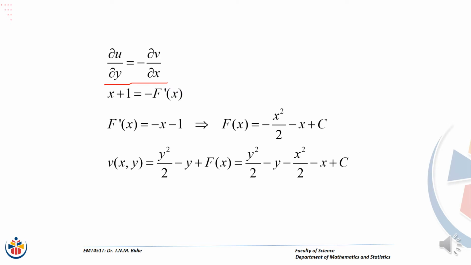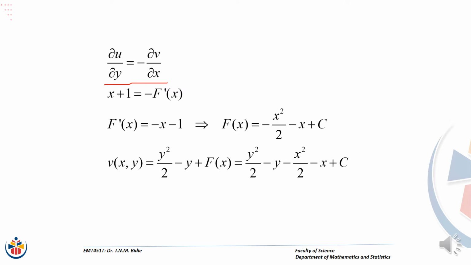Please check with me whether the answer is x plus 1. And the derivative of v with respect to x only has the function f of x that can be differentiated. So hence we have the negative of f prime of x. Then make f prime of x the subject, and then find f of x.